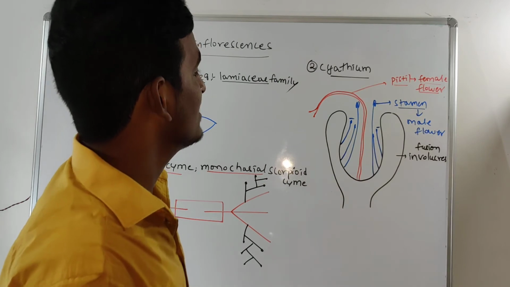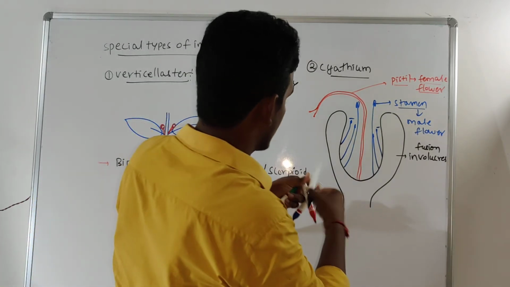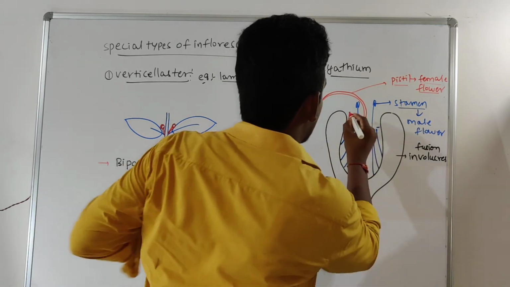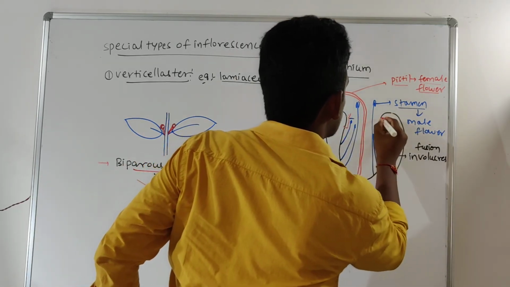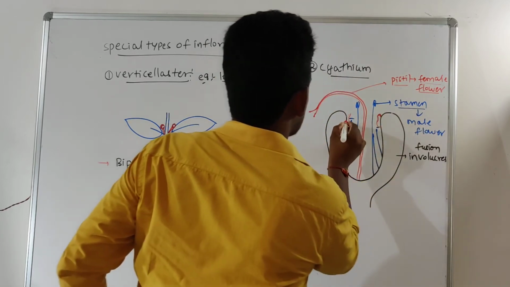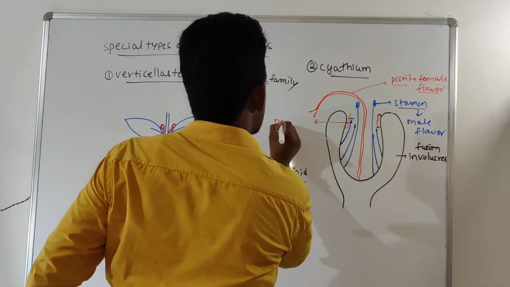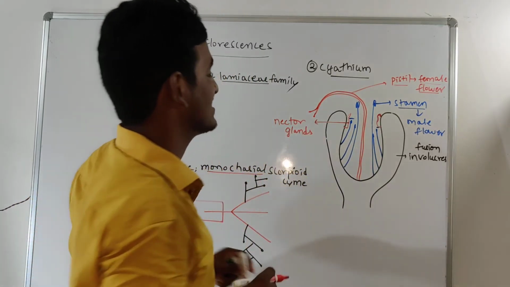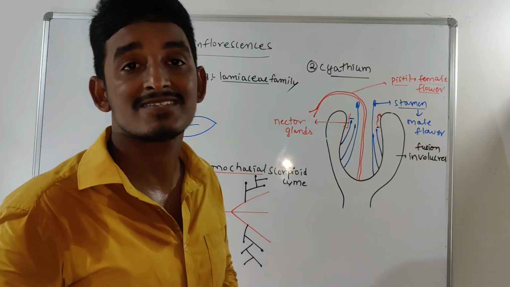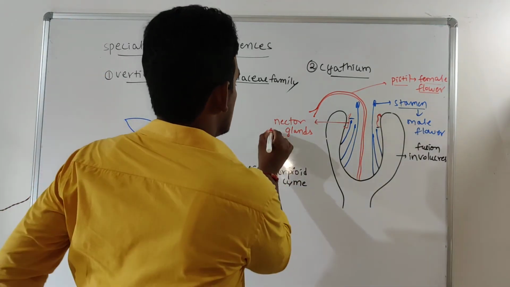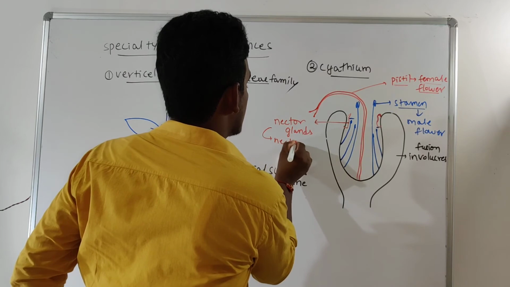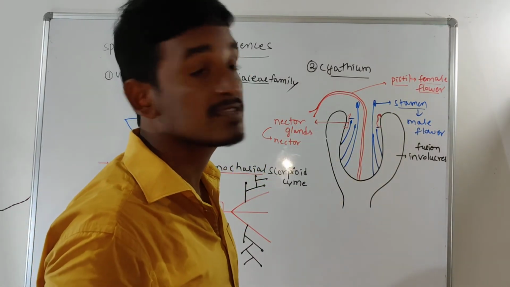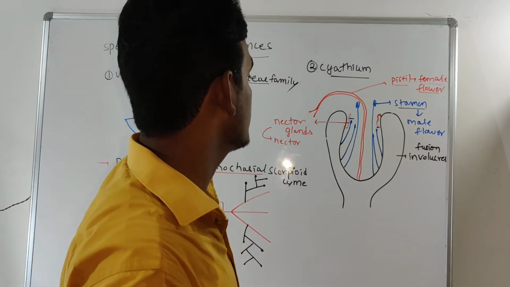In Cyathium inflorescence, this cup-like structure also has nectar glands. What is the use of these nectar glands? They produce nectar, so insects are easily attracted towards this inflorescence. It helps in cross pollination.